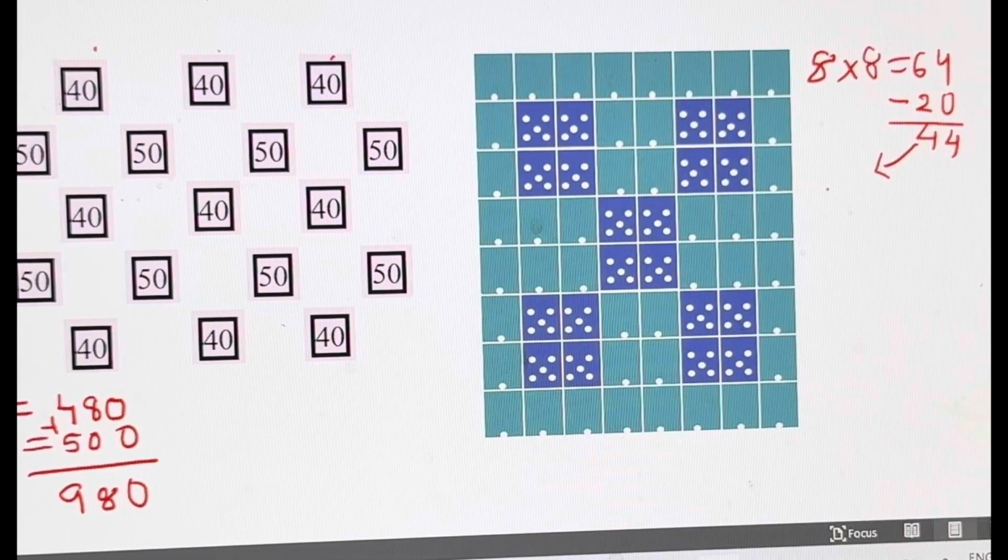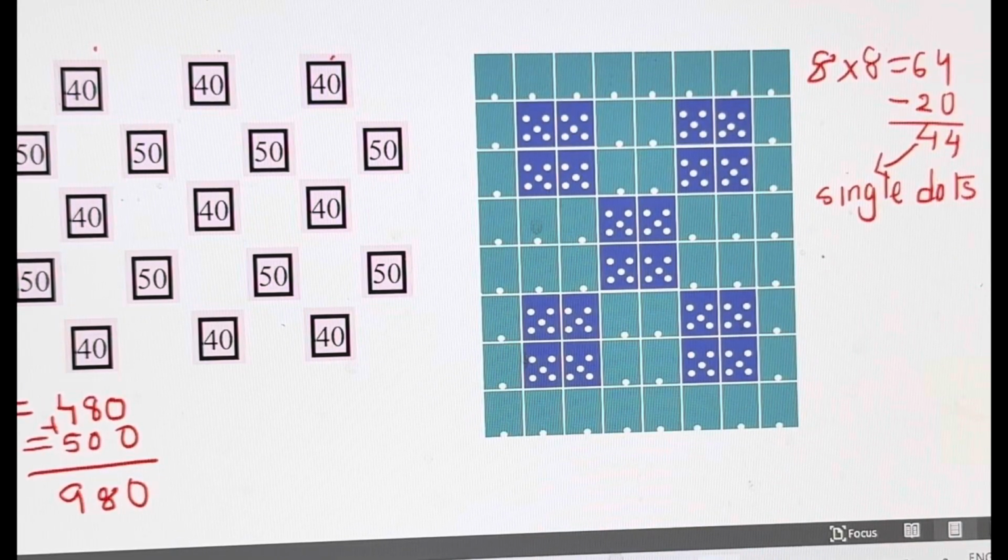These are the squares with the single dots. Fine. Now we see the blue ones. Each square has 5 dots. And how many squares are there? We can see 4 fives are 20 squares, and each has 5.